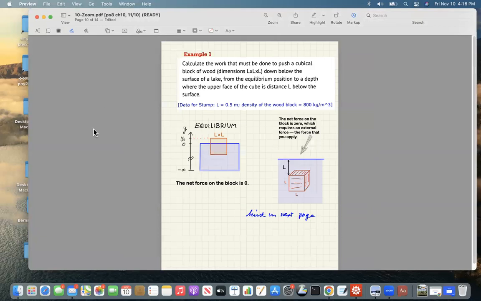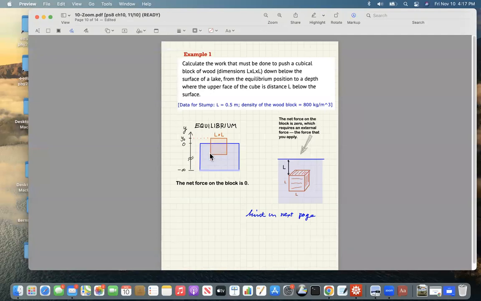But now let's look at some problems from problem set 8. Here's an example involving buoyancy. Calculate the work that must be done to push a cubical block of wood down below the surface of a lake.